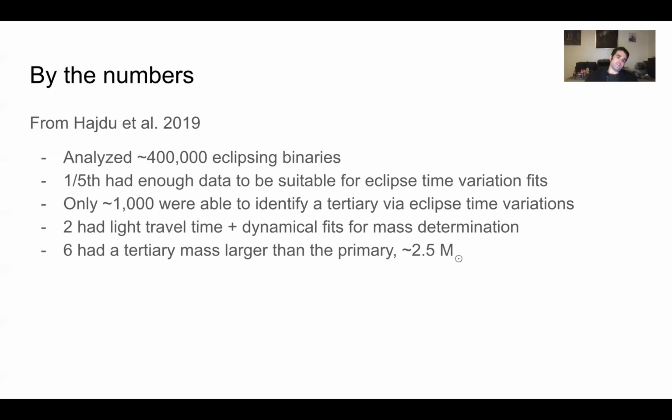And out of those, 2 had enough data and the circumstances of the period of the inner tight binary had enabled mass determination, but 6 had reliable tertiary lower mass limits larger than the primary and around 2.5 solar masses. So these could be where you would want to look for additional tests to see if there's a black hole.